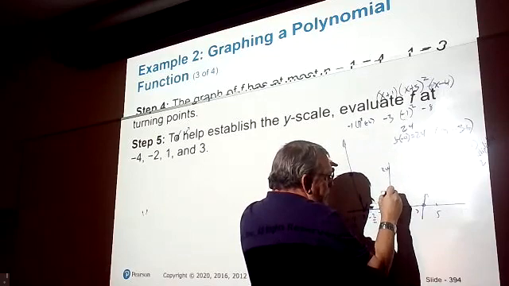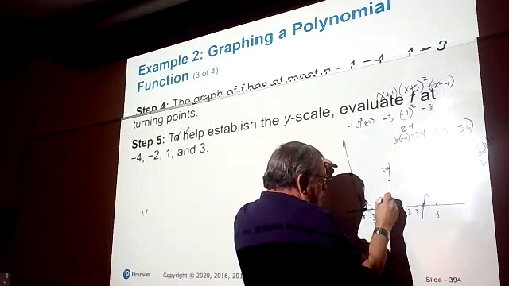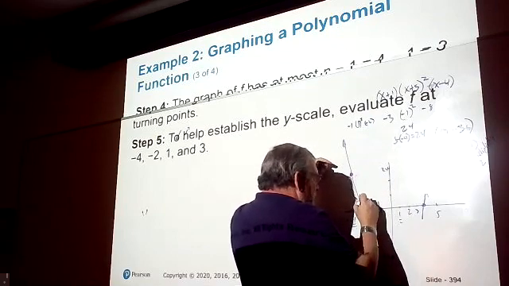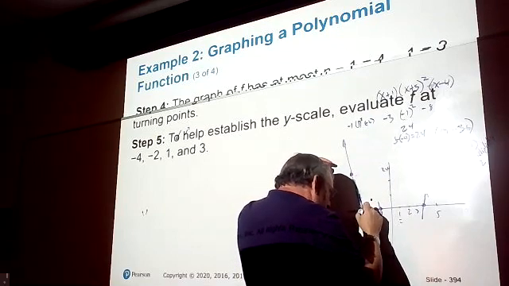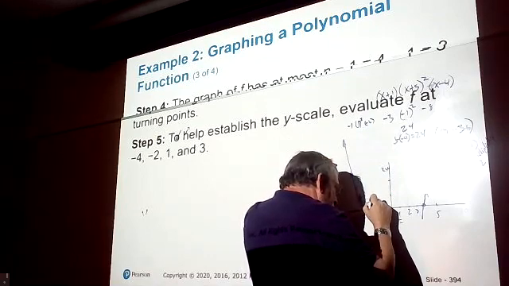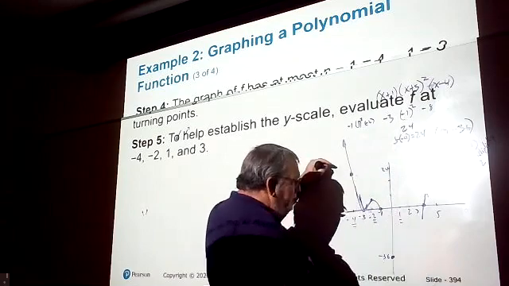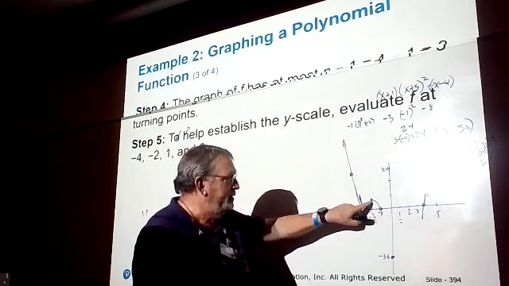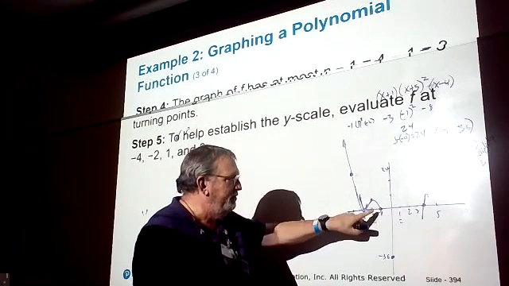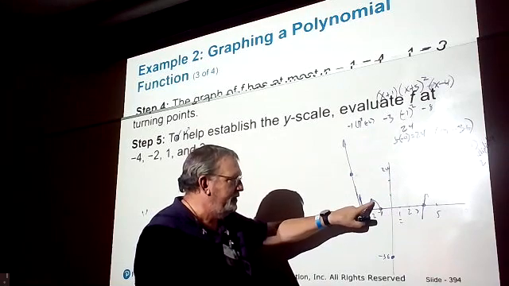See if this is 8, that is 16, and then 24. And so that's going to be about here. So it's going to come down and then kind of flatten out and then come up and then dive right back down again. So the local maximum is going to be awfully close to x equal to -2.